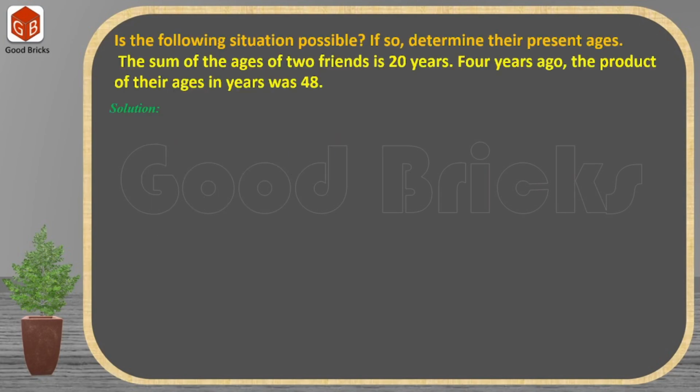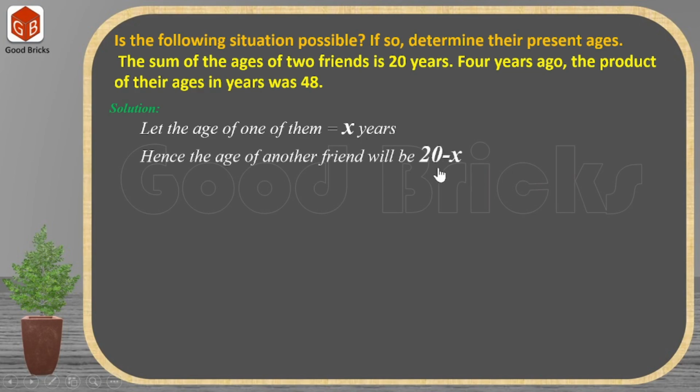Let us take one more word problem and solve. And in this problem, they are asking us whether this situation is practically possible or not. And they have given the sum of the ages of two friends is equal to 20 years. We don't know any one of the ages, so we are assuming one of the friends is x years. So the second friend's age will be 20 minus x, because when you add these two, you will get 20 only.